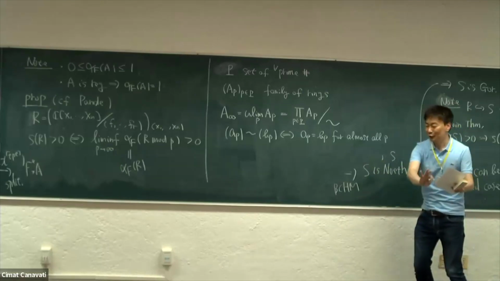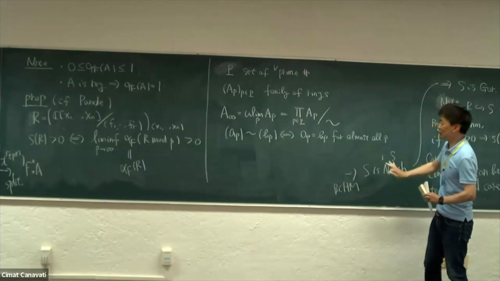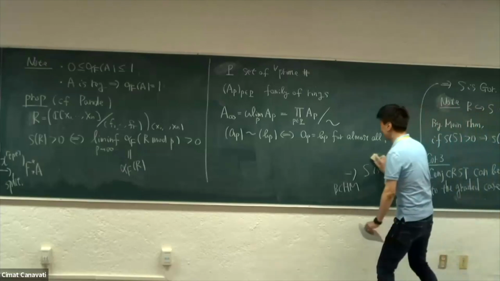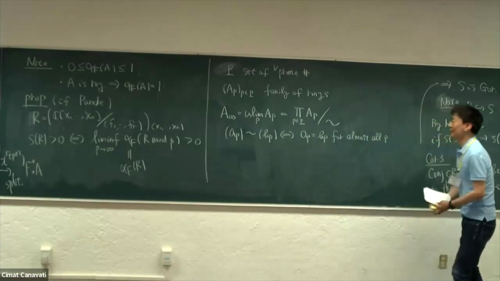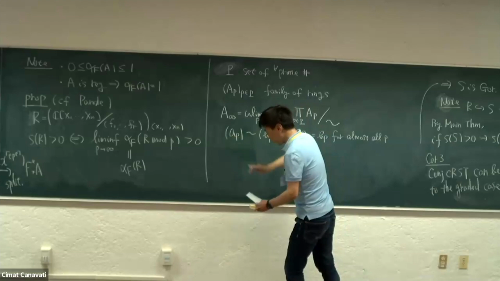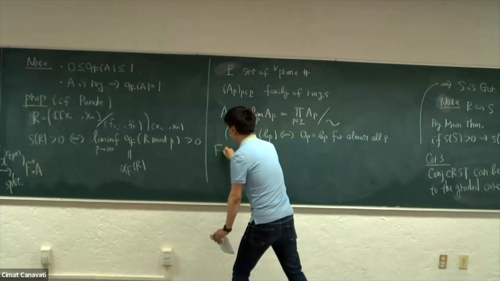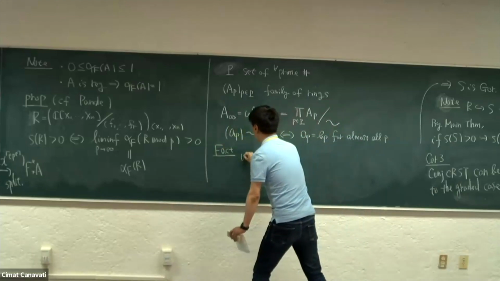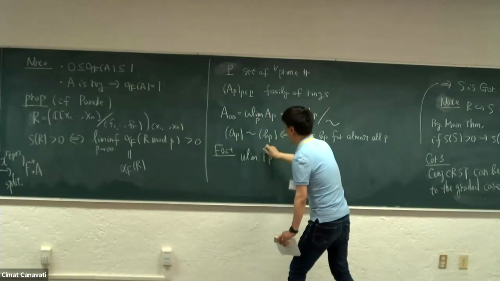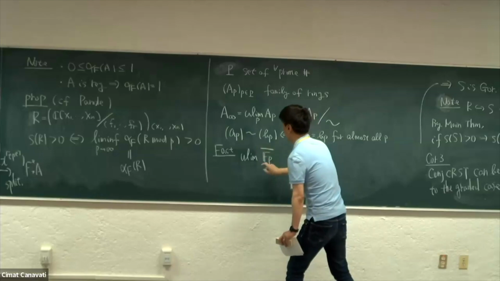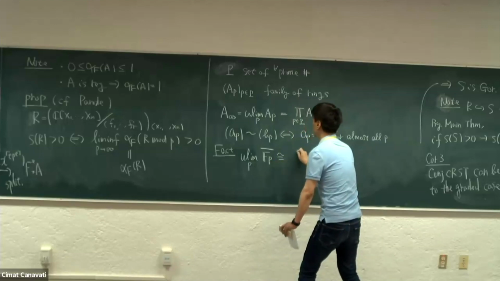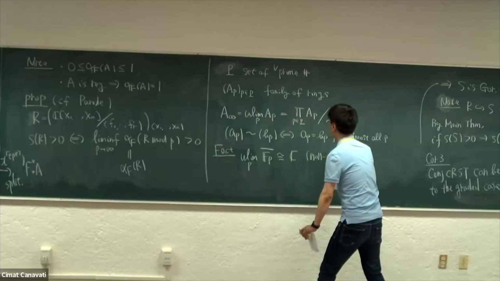So maybe Tatsuki will explain the ultrafilter thing. In this talk, let me skip. He's an expert. Okay, then anyway, this is A infinity, and the important part is that if you consider the ultra product of the algebraic closure of F_p, then this is non-canonically isomorphic to C.